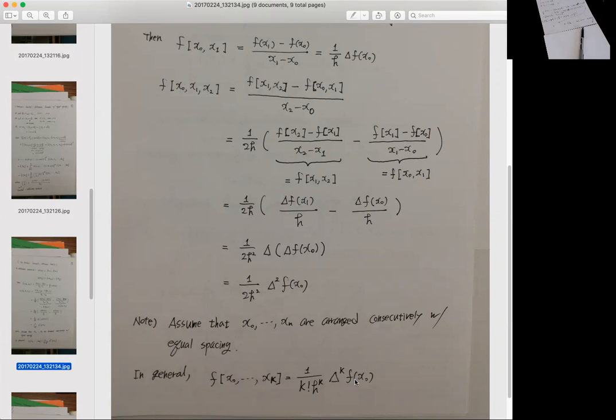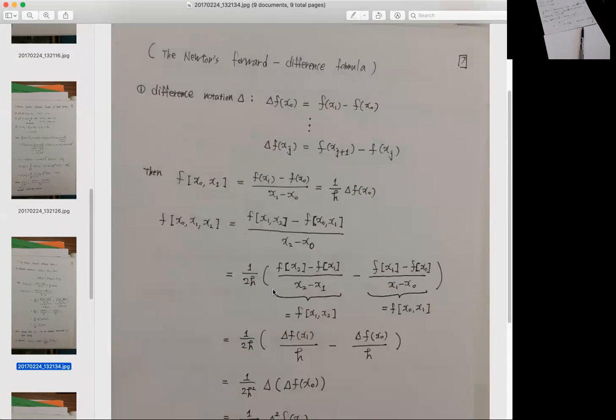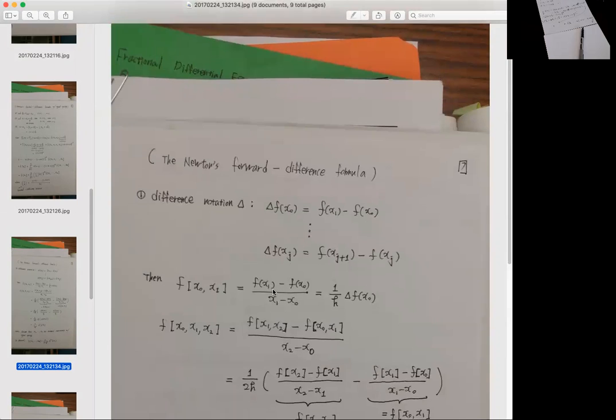Now that's the alternative expression of the divided difference. This is Newton's forward difference. Why is it Newton's forward difference?